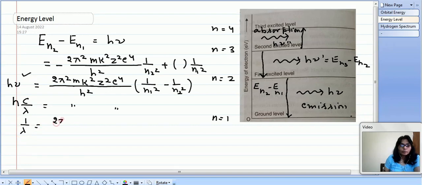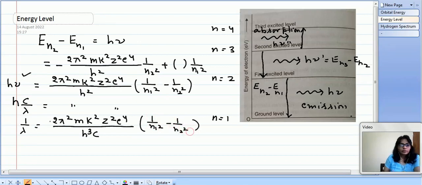So it will become 2 pi square m k square z square e to the power 4 divided by h cube c, and within the bracket it will be 1 upon n1 square minus 1 upon n2 square. Now this term 1 by lambda is known as wave number, nu bar. Nu is different, nu is frequency, but this nu bar is 1 upon lambda, which is the wave number.